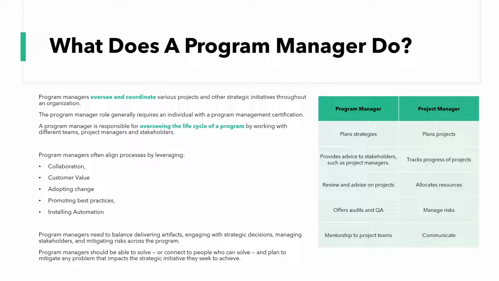A program manager reviews and advises on projects, whereas a project manager is more in the nitty-gritty, allocating resources on that particular project. Program managers often offer audits, whereas project managers look at specific risks. And program managers often offer a kind of mentorship, whereas a project manager is often communicating between different stakeholders.